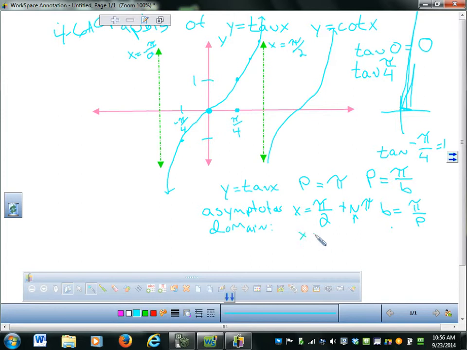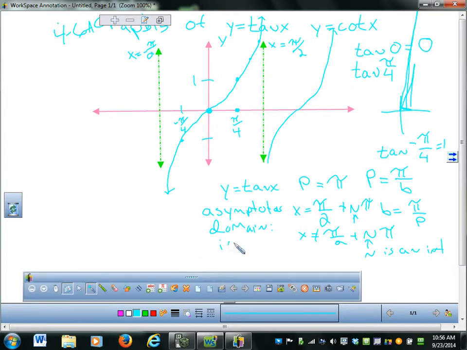So the domain is x is not equal to pi over 2 plus n times pi, where n is an integer. And then I have intercepts.